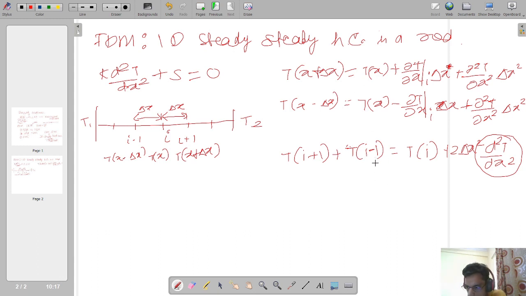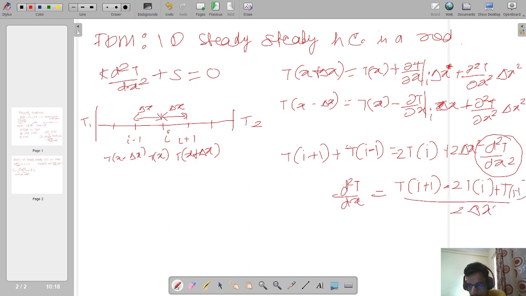That is, d square T by dx square will be equal to, this is 2 here, plus T(i minus 1). Just simply do this. It's not much of a work. And finally we get this.